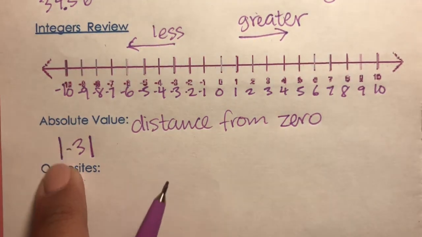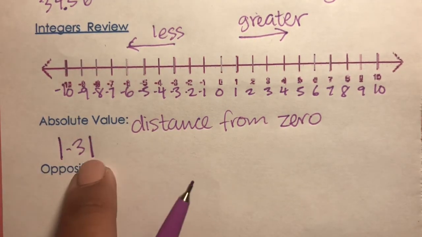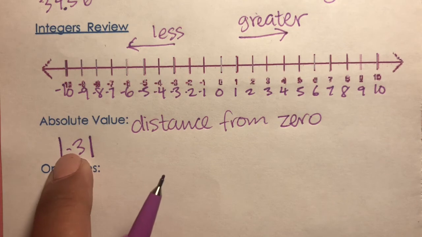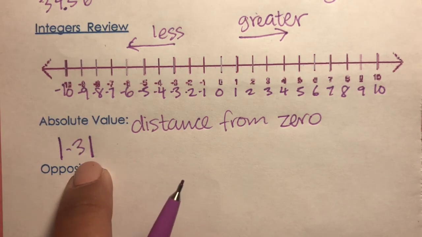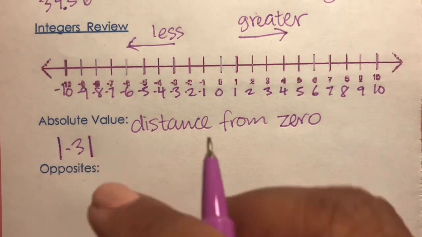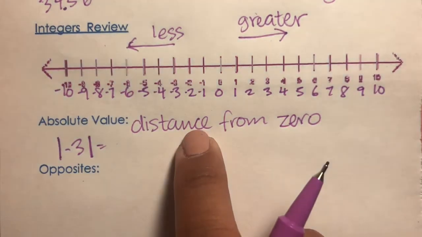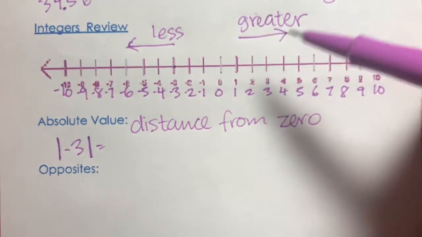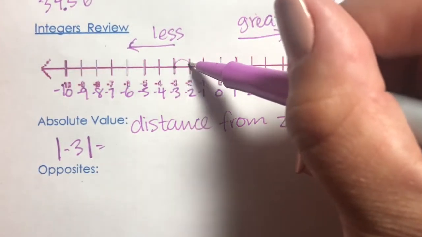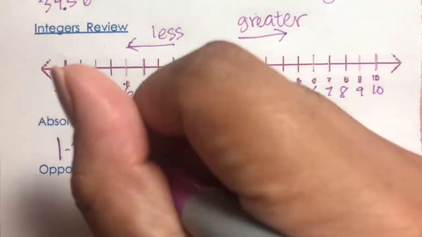There's one line and another line. It's kind of making a barrier for the number or for the integer. So for this one, they're asking you, the absolute value of -3 is however many units away it is from 0. So let's look at -3, and then let's see how many units away from 0. 1, 2, 3. Okay, so it's just 3.